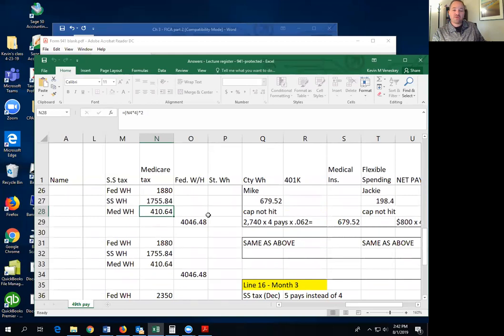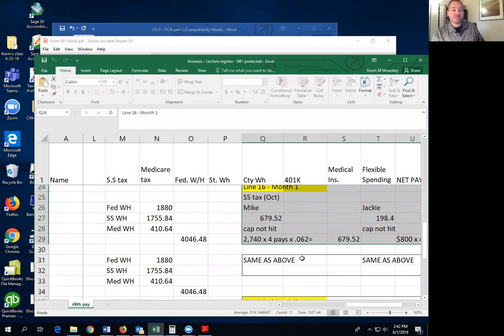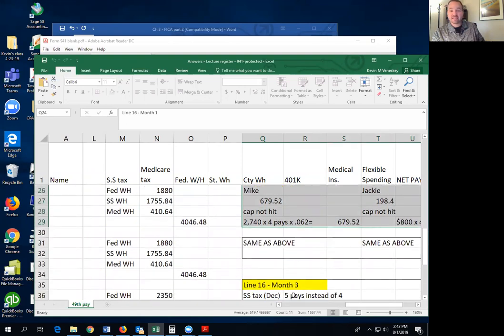Now, for the month of November, since it also has only 4 weeks, and since nobody hit a cap in November, I'm going to have the exact same amounts as I did for October. Now, this is not always going to be the case. I'm going to have some examples where the individual hits a Social Security cap in the month of October. So you're going to actually have to redo this calculation for the month of October, November, and December, because of where the caps hit.